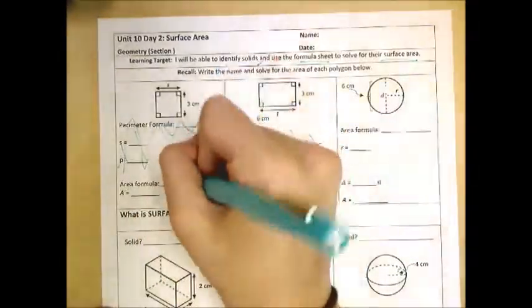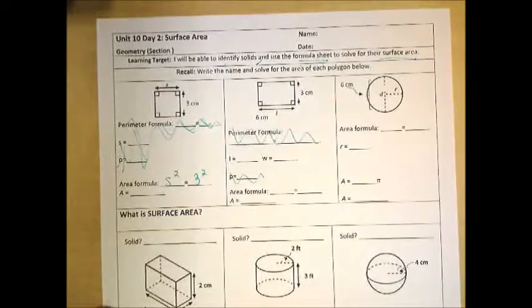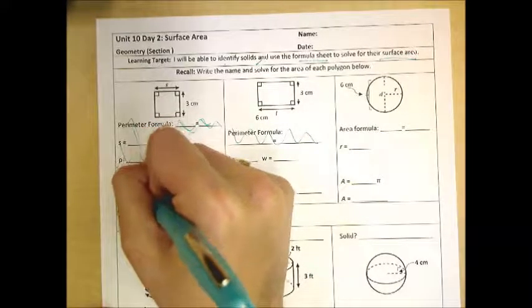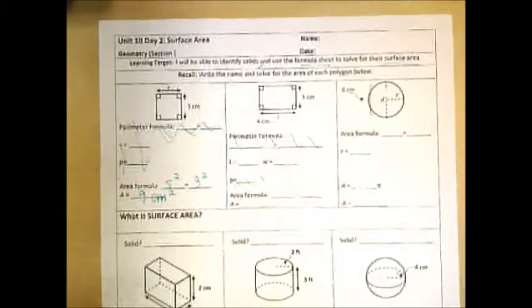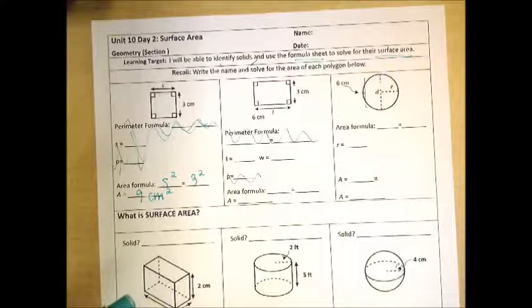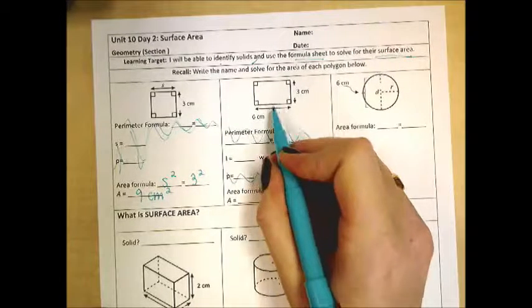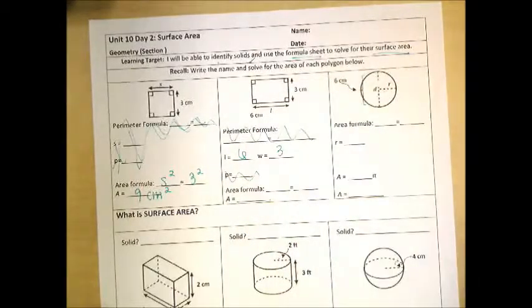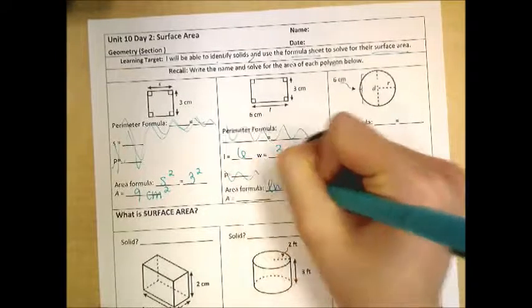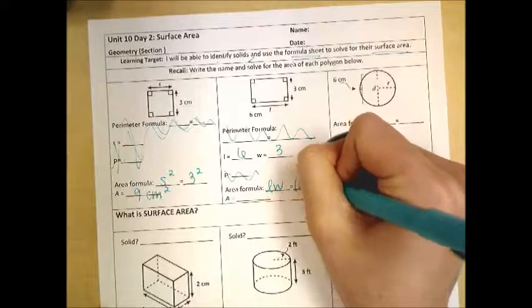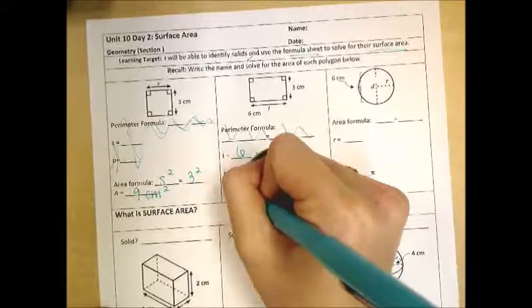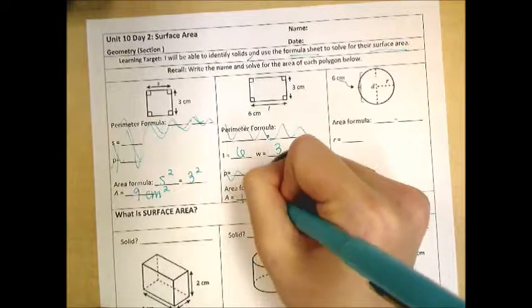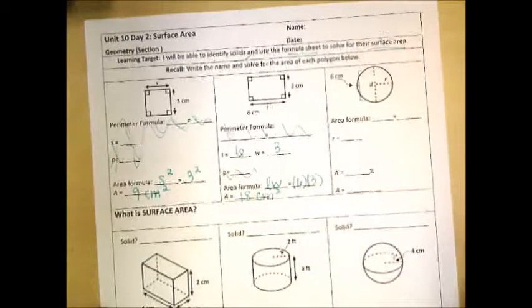Here we see that the s is 3, so 3 squared, which means that our area is 9 centimeters squared. Pretty easy. Next we have our rectangle, so length times width, 6 and 3. So again, our formula is length times width, which is 6 times 3, which is 18 centimeters squared.